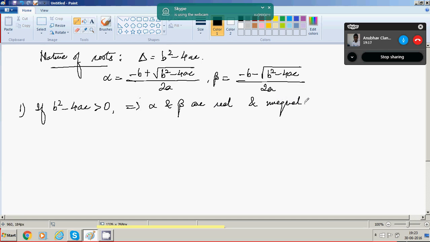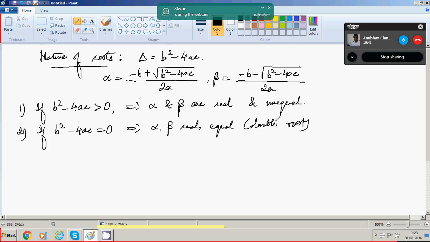Good. Then if b squared minus 4ac equal to 0, it implies alpha and beta are real and equal. So this is the case of double root, and the roots are alpha equal to beta equal to minus b by 2a.